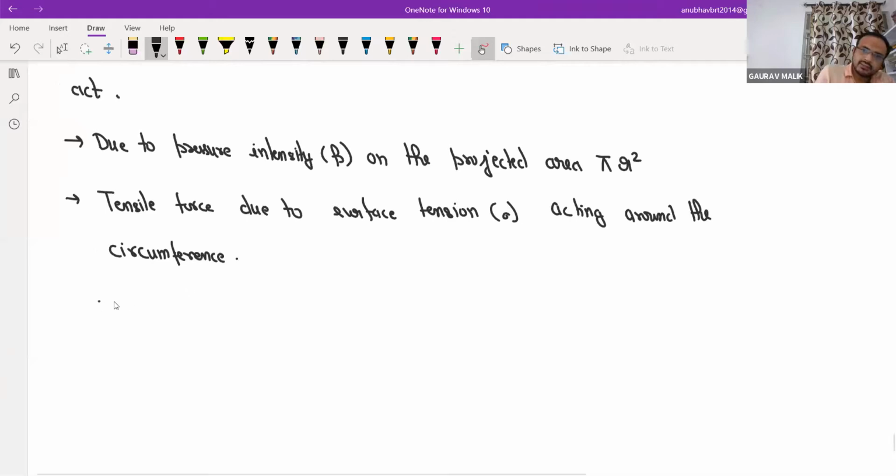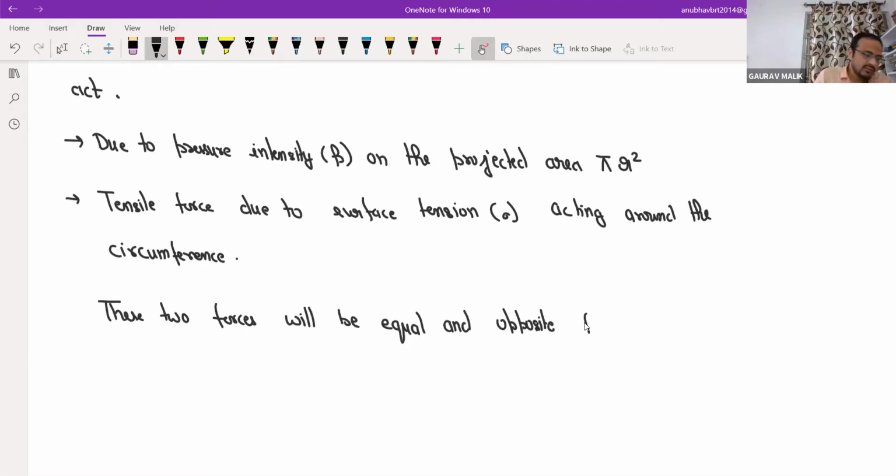And we know that these two forces, pressure force and tensile force, will be equal and opposite for equilibrium.